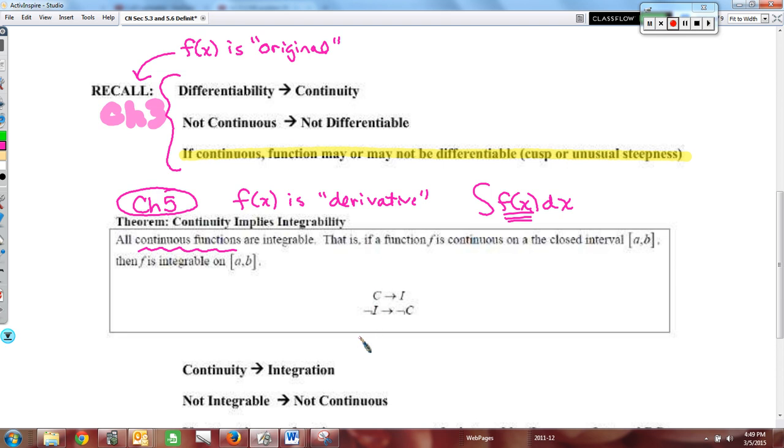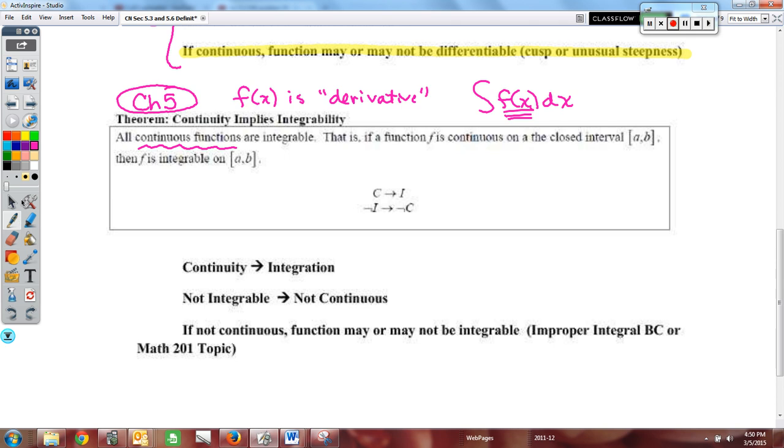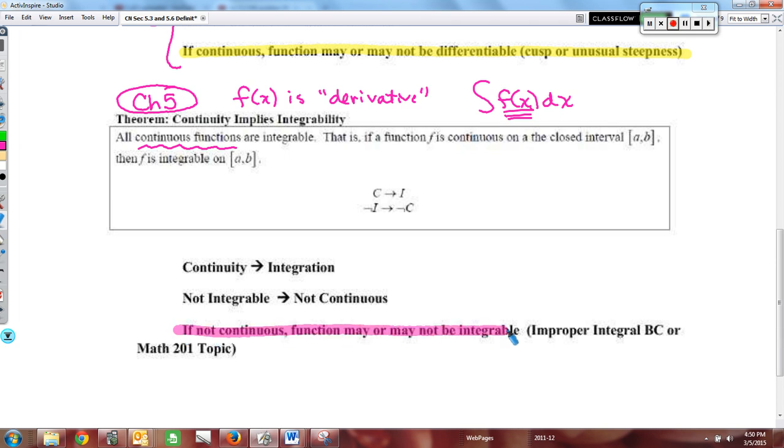So those are those two facts. But then there's that gray area. If I were to look at this function inside of here and see that it is not continuous, does that always mean I cannot integrate it? The answer is no, because sometimes I can. If it's not continuous, then I may be able to integrate it because I may be able to find an antiderivative that just had a cusp or unusual steepness.